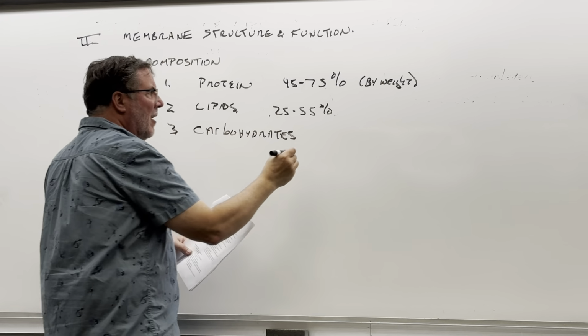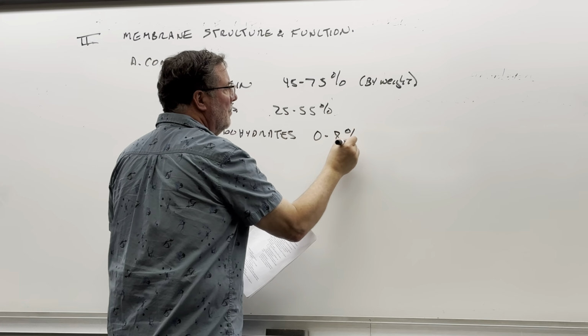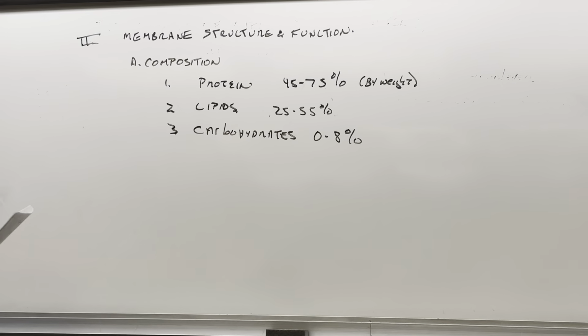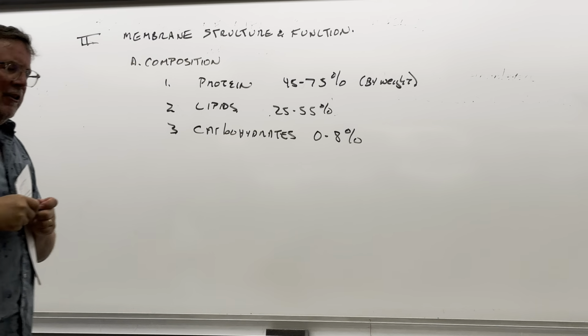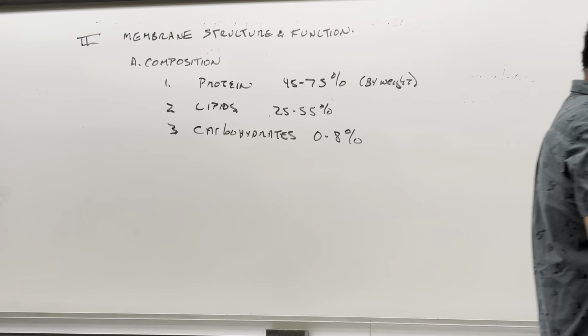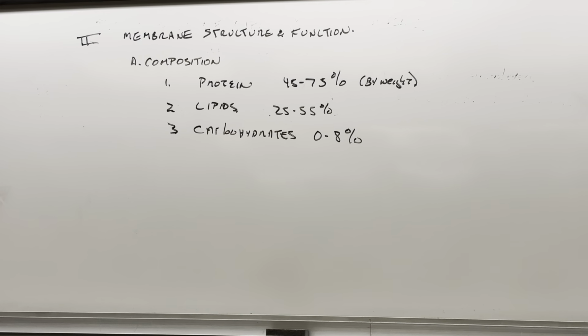The carbohydrates, 0 to 8%. So the point here is that the simplistic view of a membrane is a phospholipid bilayer, but the reality is it's a phospholipid bilayer with a whole bunch of proteins embedded in it. And some of those proteins have sugars attached to them as well.